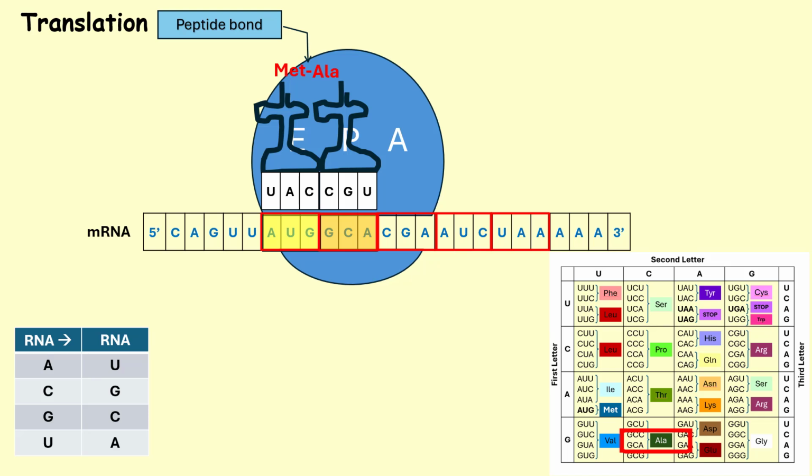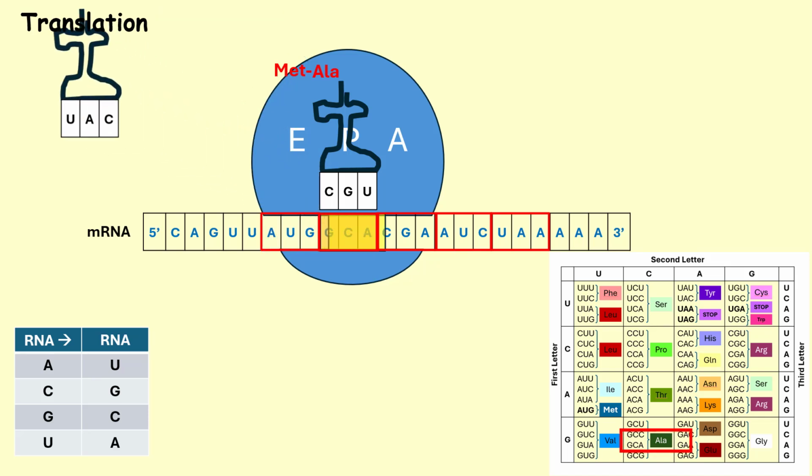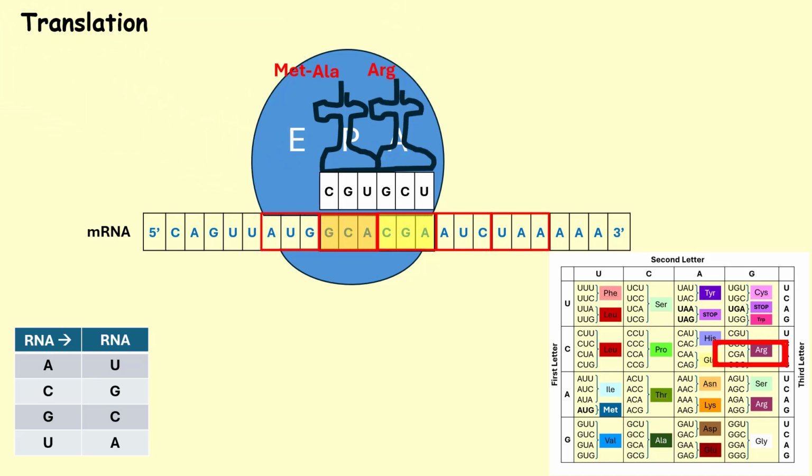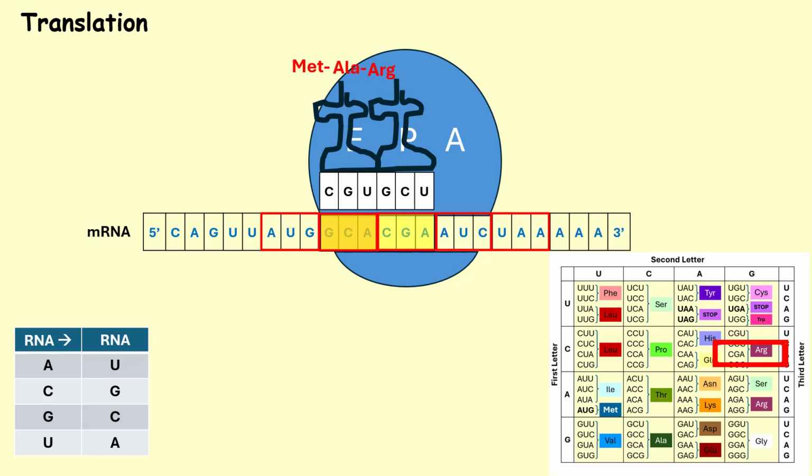The amino acids are covalently bonded to each other by forming peptide bonds. They will release the uncharged transfer RNAs, allowing them to leave the ribosomal complex. This process continues as the ribosomes move towards the messenger RNA's 3' end until a stop codon is reached.